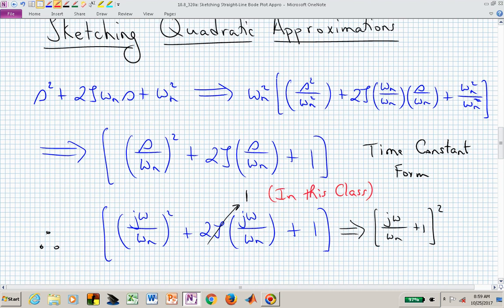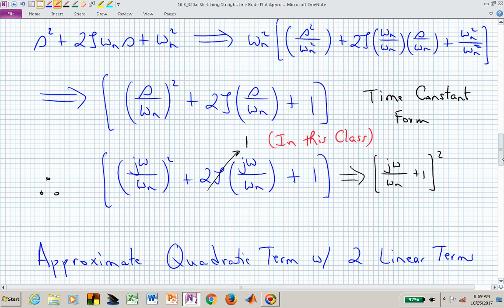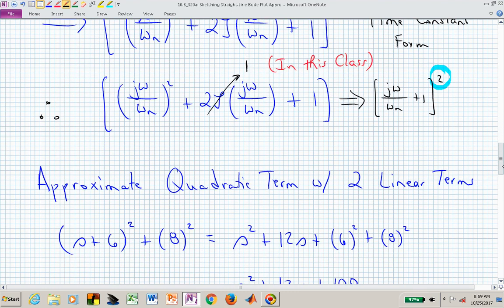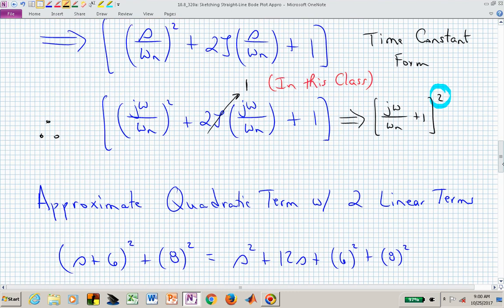The natural frequency hasn't been changed. We're just rotating that in the complex plane, and that now allows us to quickly apply our linear or real pole steps in the Bode plot sketching process. We just have to double it because of the fact that this is now a quadratic, it's squared. So we are, in this class, going to approximate the quadratic term with two linear terms.